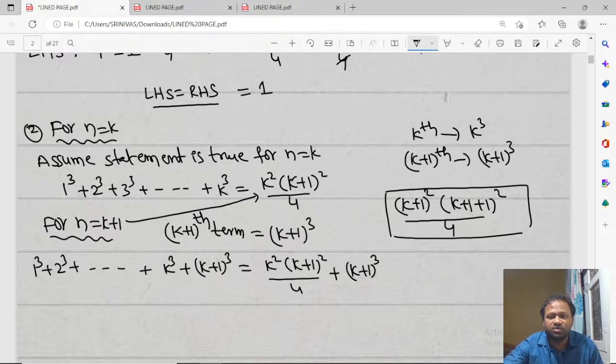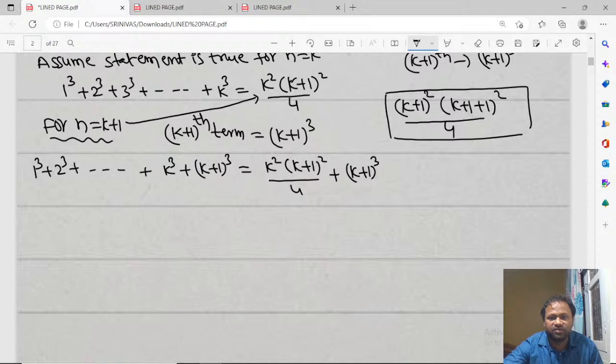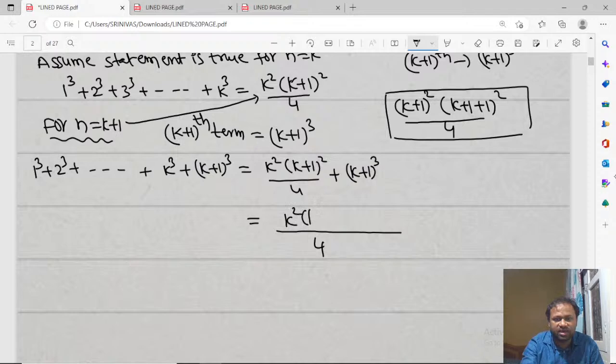Okay, so for that I will simplify this. How to simplify? The easiest method is to take the LCM. So here we get k square into k plus 1 whole square plus 4 into k plus 1 whole cube. From the total we can take out the common factor k plus 1 whole square.